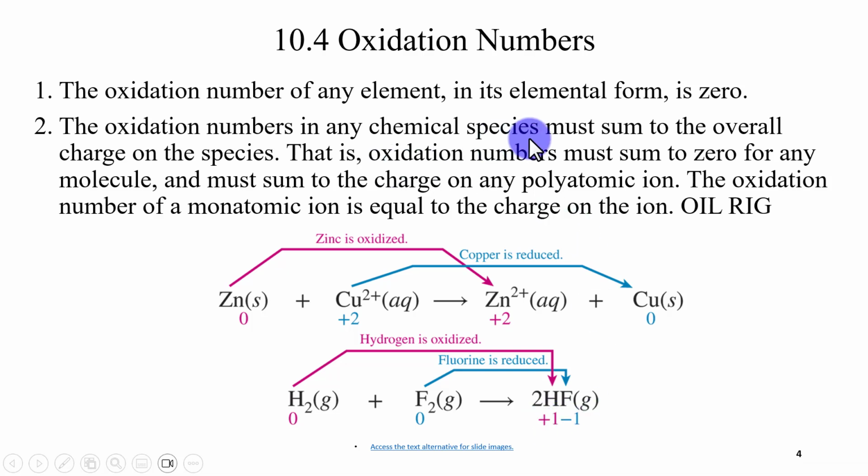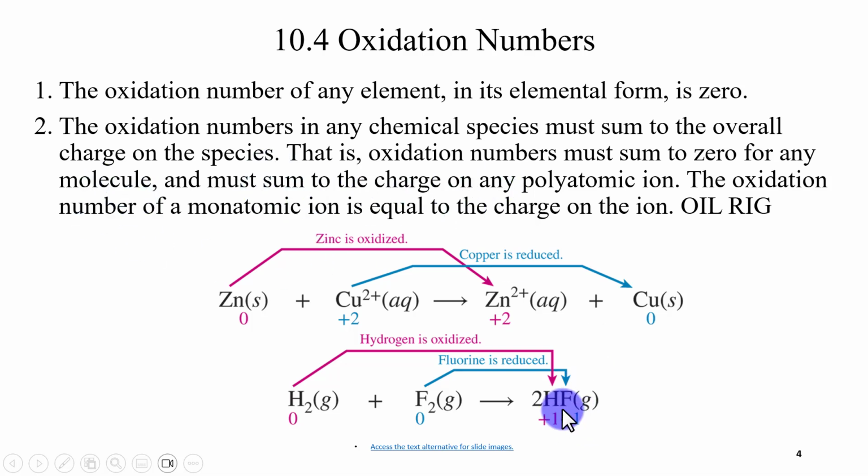However, the oxidation numbers in a chemical species must sum to 0 for a molecule. Since HF is a molecule, the oxidation numbers of both hydrogen and fluorine must add up to 0.